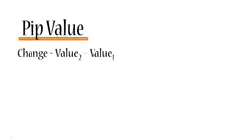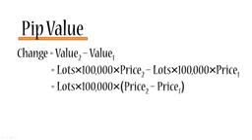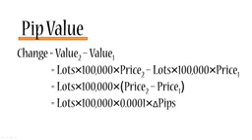Now let's look at a general form of this calculation. So to start off with, we calculate the change, which is value 2 minus value 1. Value 2 is lots times 100,000 units of base currency times price 2. Value 1 is lots times 100,000 units of base currency times price 1. We can bring in the brackets and leave price 2 minus price 1 within the brackets and take lots times 100,000 units of base currency outside of the brackets. Next, we can replace price 2 minus price 1 with delta pips.